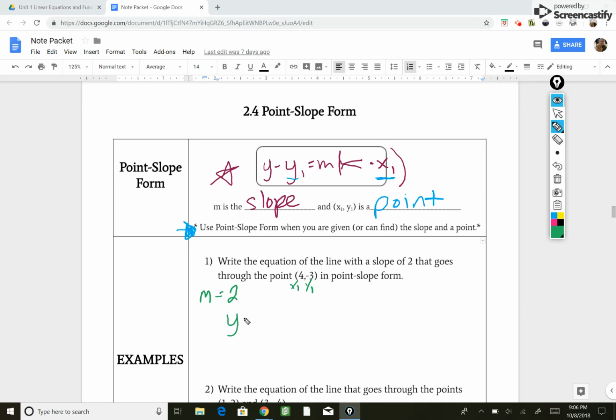So I have y minus y1, which is -3, equals m, which is 2, times x minus x1, which is 4. So that's how you put it in point slope form. Just make sure that you have your y1, slope, and x1. Later I'll show you how to convert it.